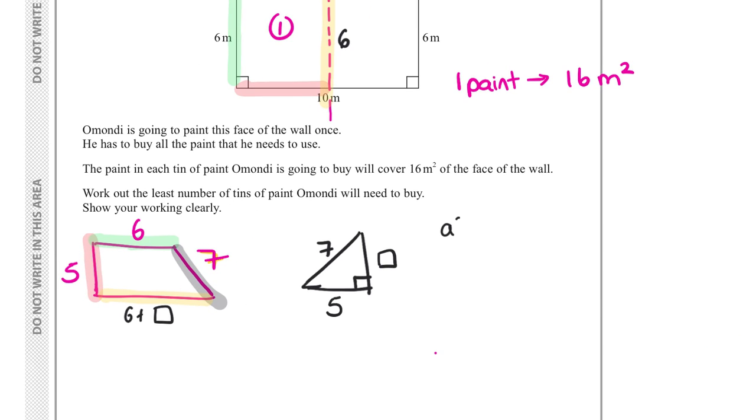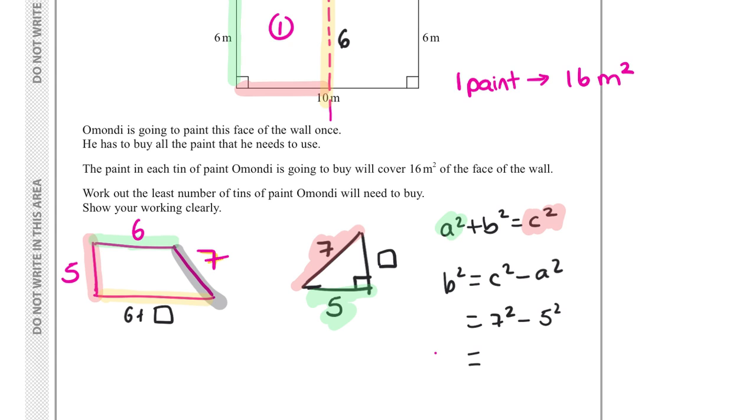Pythagoras is a squared plus b squared equals c squared, where c squared is our hypotenuse. I have c squared. Well, not c squared, but I have this. And then I have a, so what am I trying to find? B. So b squared equals c squared minus a squared, which equals 7 squared minus 5 squared.